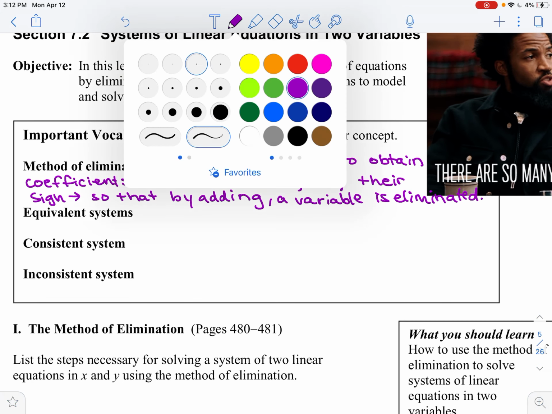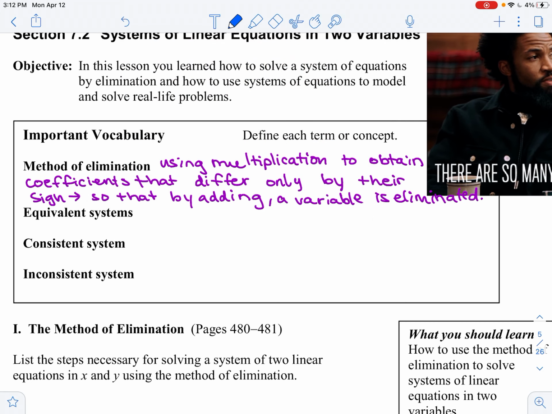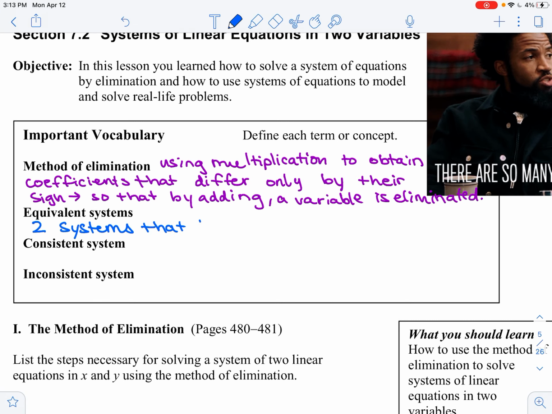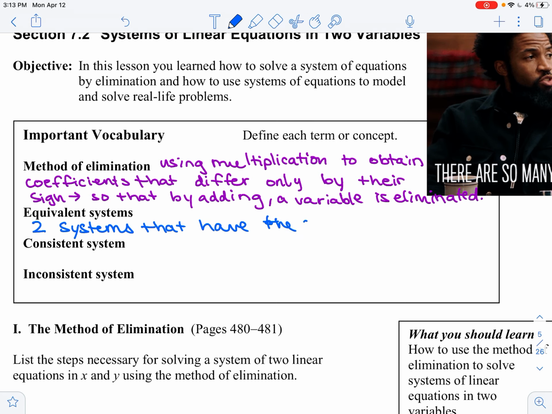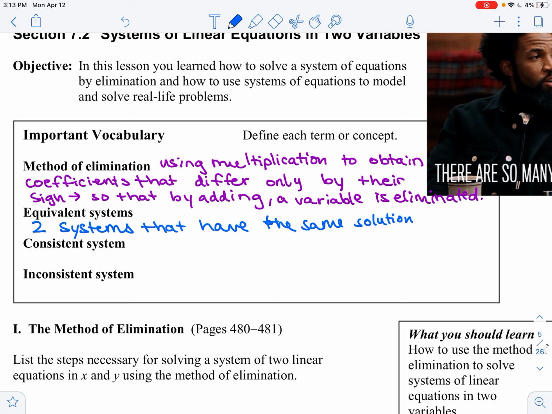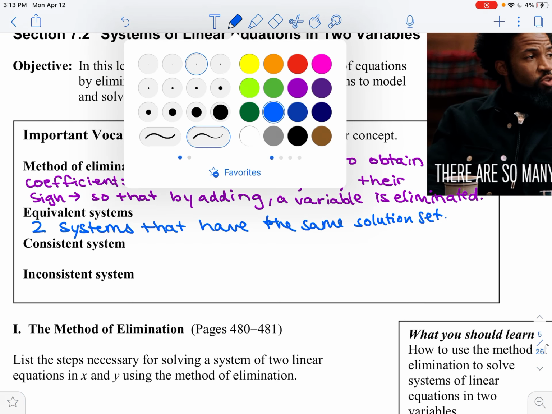Okay. And now equivalent systems are just two systems that have the same solution set. So it makes sense.